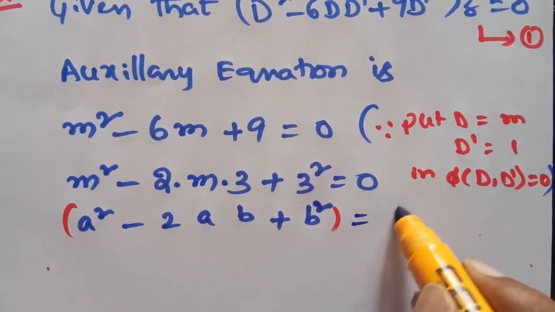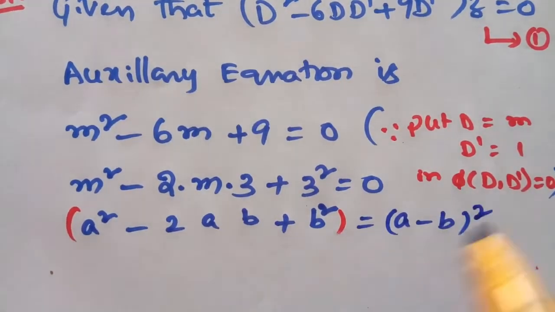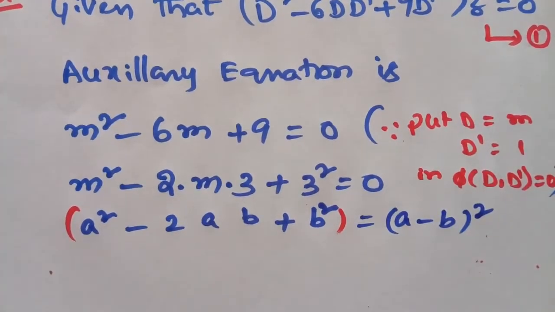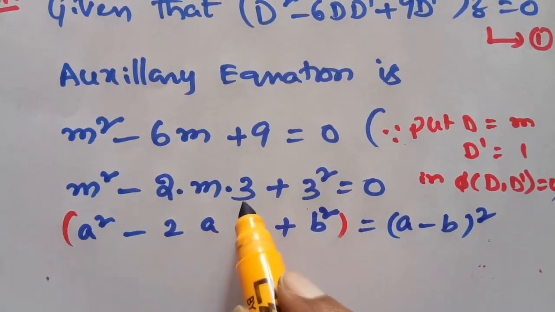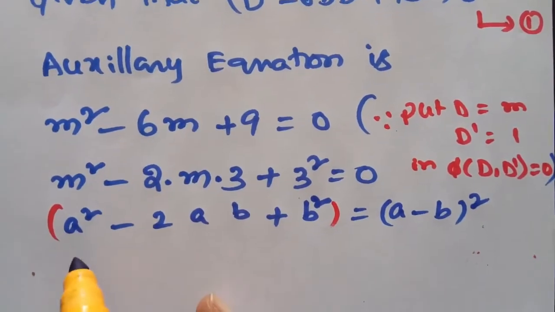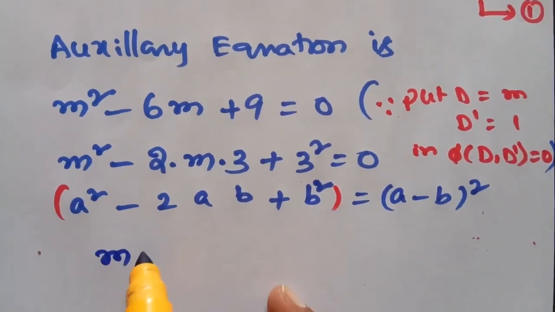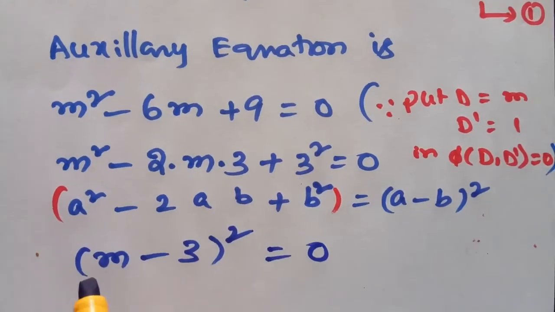This is equal to a minus b whole square. Therefore, m square minus 2m into 3 plus 3 square is equal to 0 becomes m minus 3 whole square equal to 0.